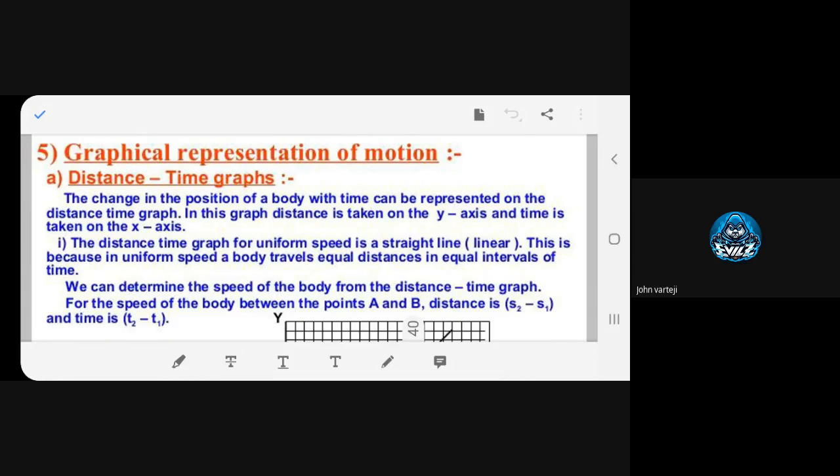Did you go through the content, what was taught yesterday? Because everything is in continuity. If you don't revise that, it will be difficult for you to understand today's lecture. That's the reason why I keep on saying, please revise at home.